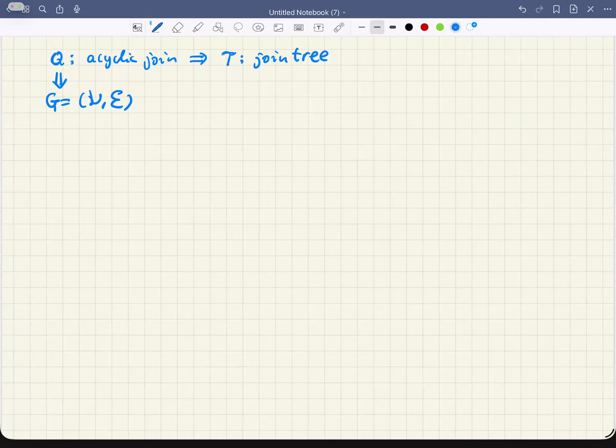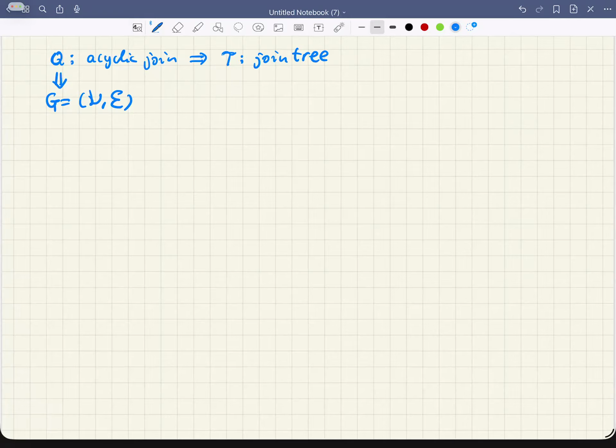Okay, so join tree. Just to brush up your mind, this join tree has two properties. The first one is one-to-one. That basically says every hyperedge here corresponds to a node in this join tree. The second thing is this join tree must have the connectedness property.